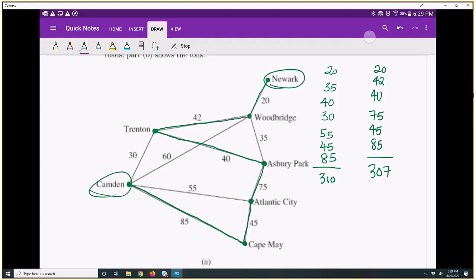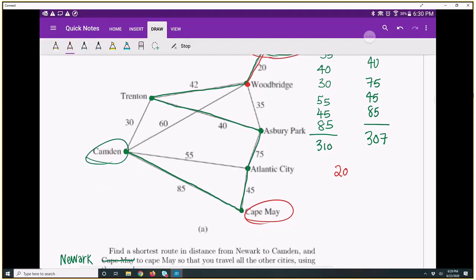So Newark to Camden. Then I also am to travel from Newark to Cape May, stopping in all of the cities. So again, my first choice has to be from Newark to Woodbridge, 20 miles. Then this will send me to Asbury Park, and then to Trenton, Camden, Atlantic City, and then to Cape May.